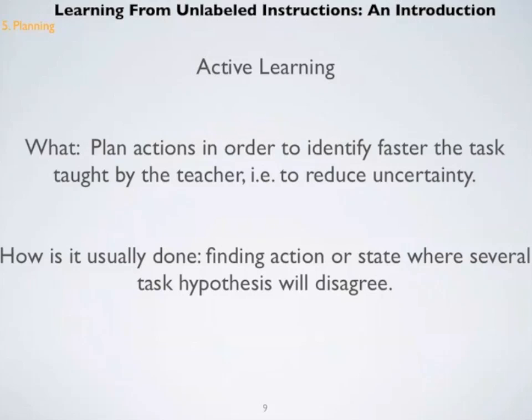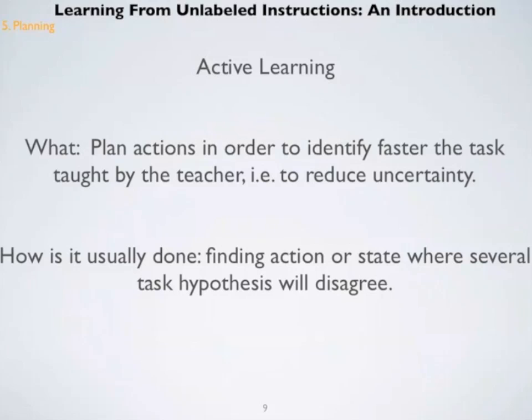As for each hypothesis, the prediction may differ, the goal of the robot is to find which oracle is telling the truth. To do so, the usual technique is to perform an action for which most of the oracles disagree. By performing the action, we receive the actual information from the teacher and discard the oracles that were wrong, so discarding the hypotheses that were wrong.